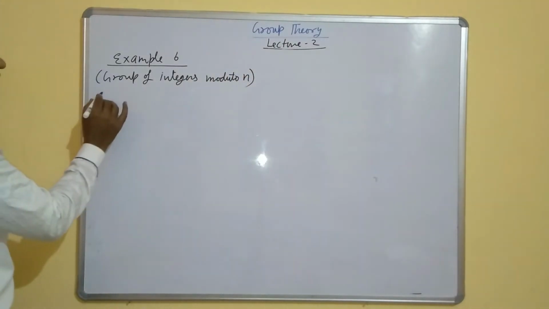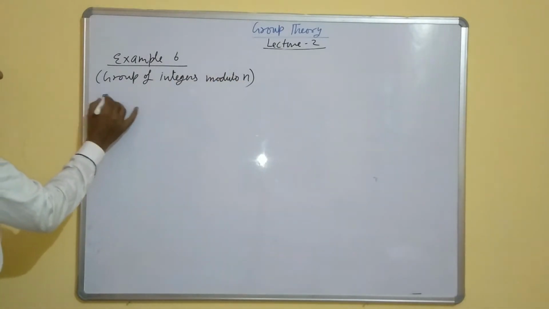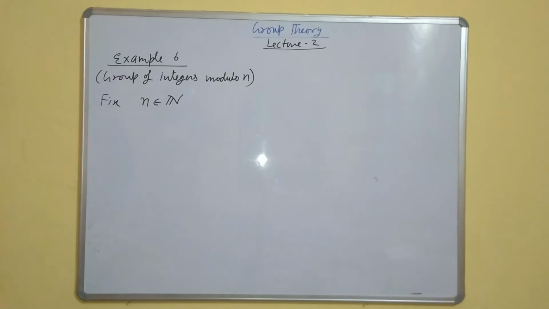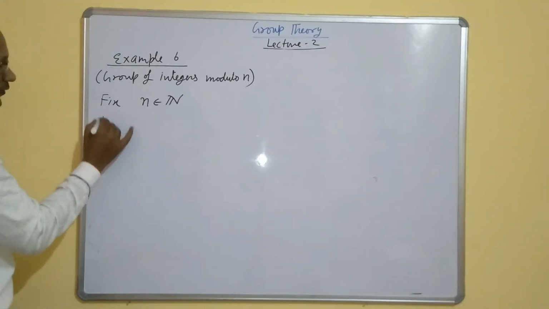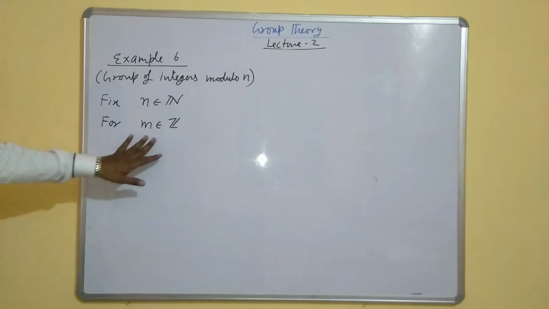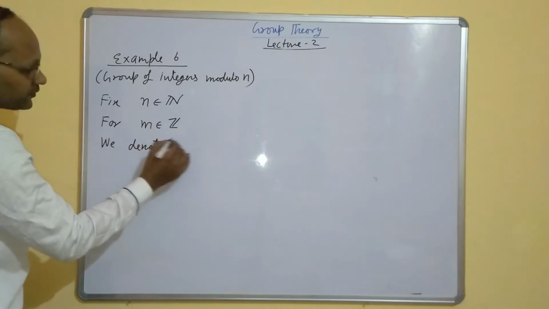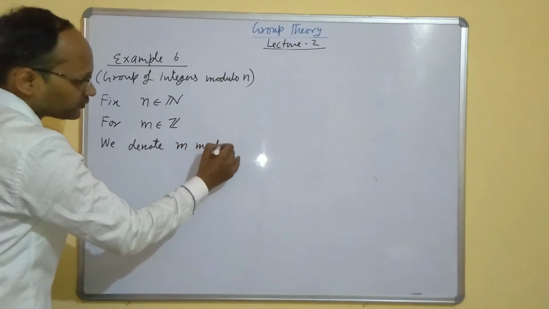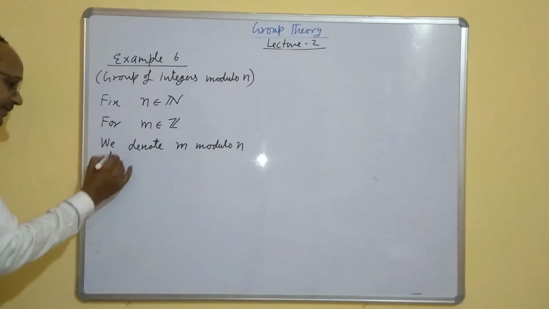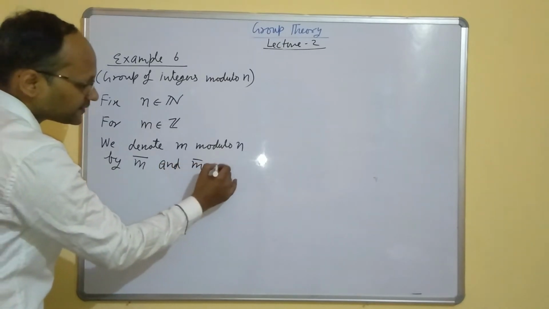So to understand it, let me fix a positive integer n in N. Now for m in Z, any integer, positive, negative, 0, we denote m modulo n by m bar, and m bar is defined as follows.